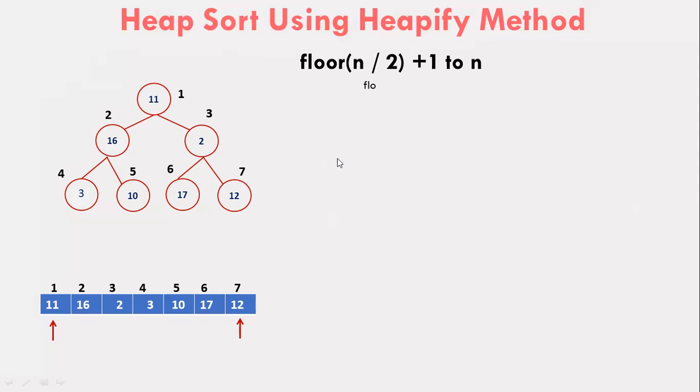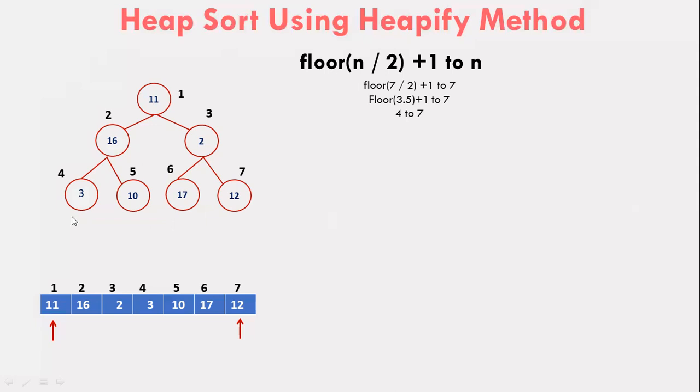Floor of 7 by 2 is 3.5, floor of 3.5 is 3, 3 plus 1 is 4, so 4 to 7. So nodes from 4 to 7 are the leaf nodes. So nodes with index values 4, 5, 6 and 7 are the leaf nodes.